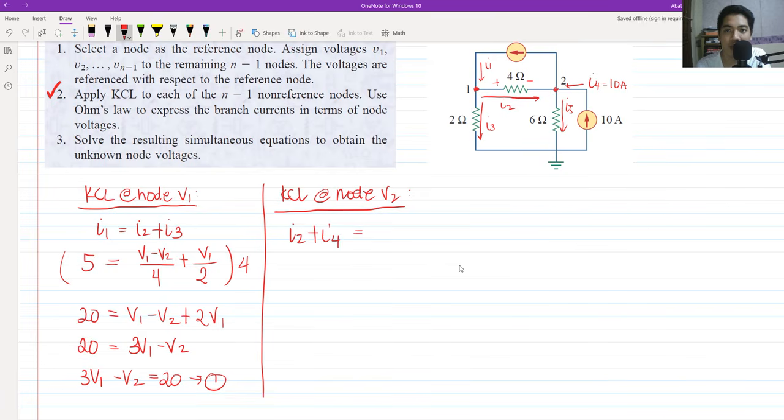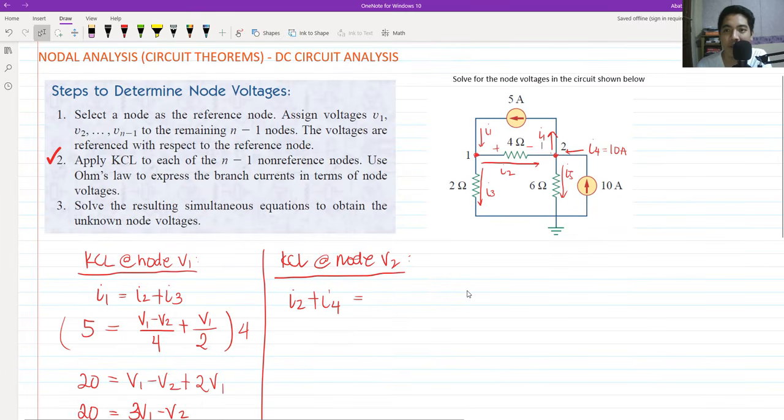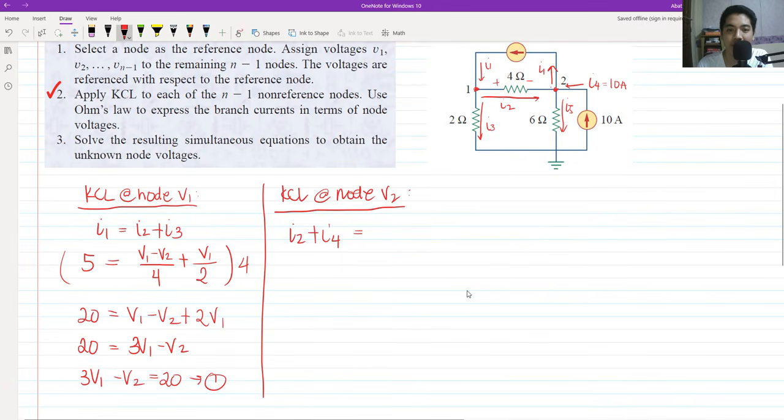Take note also that we have I sub 1 leaving node 2, because if we track the direction of this 5 ampere source, it came from here. So current entering equals current leaving: we have I sub 1 plus I sub 5. As you can see, I sub 2 and I sub 4 entering equal the current leaving, I sub 1 and I sub 5.